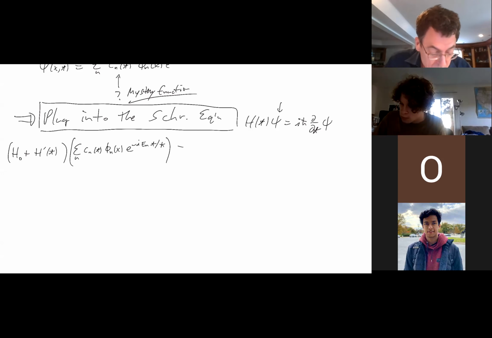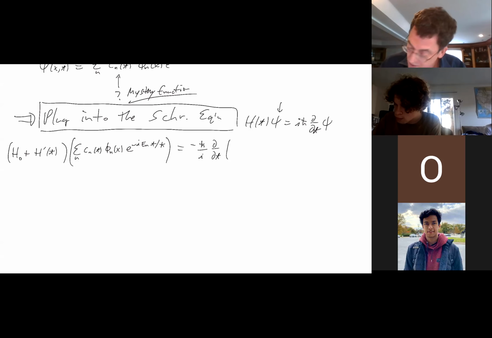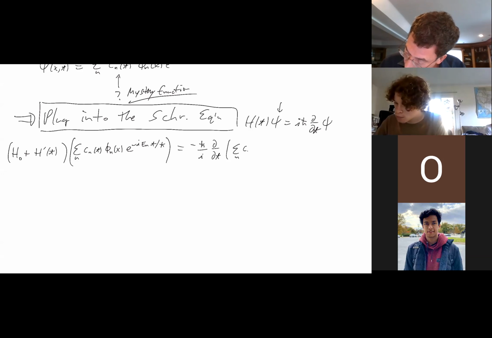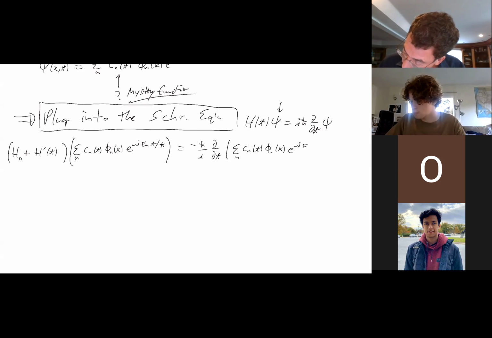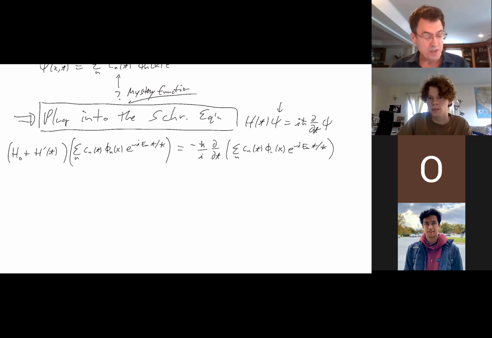And then this is equal to negative h bar over i d dt of the sum over n of c n of t phi n of x e to negative i E n t over h bar. Okay, so that's what we do.